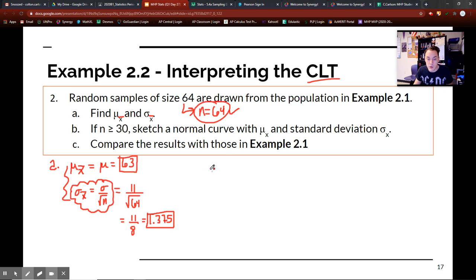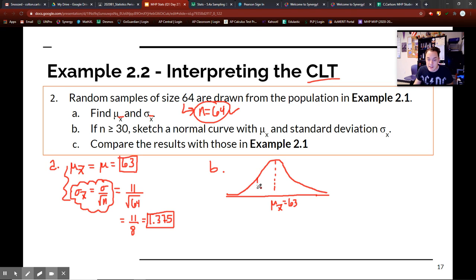What the graph will basically look like is very, very basic. It will be normally distributed, of course, because n is greater than 30. My mean, right here, the mean of my sample means, will be 63.